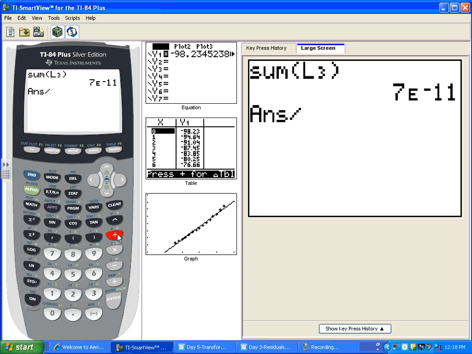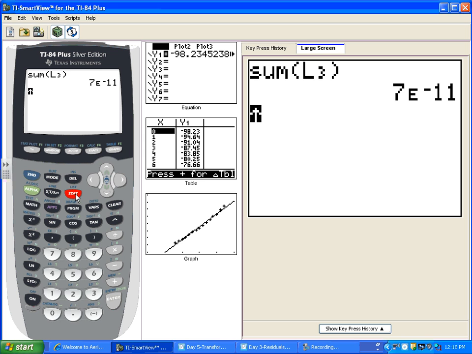So that's the reason we square it. Because when you square a number, a negative times a negative becomes positive, and a positive times a positive is positive. So we're summing the squares, just like we did back in standard deviation. We're summing the squares of the residuals. So here's how you're going to sum the squares.